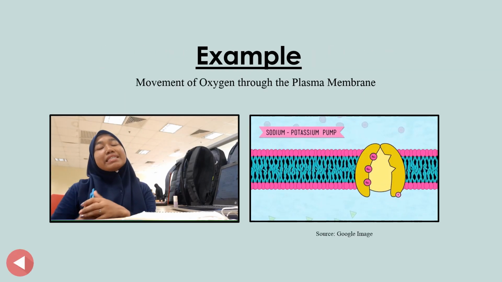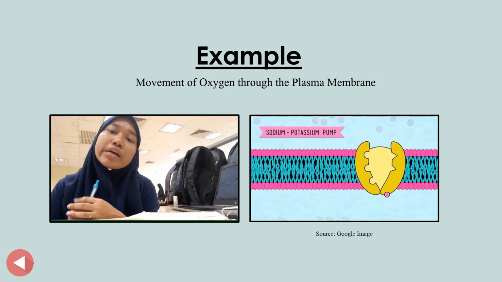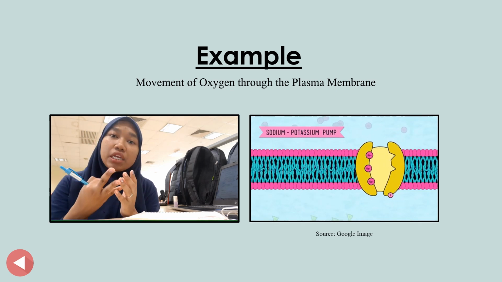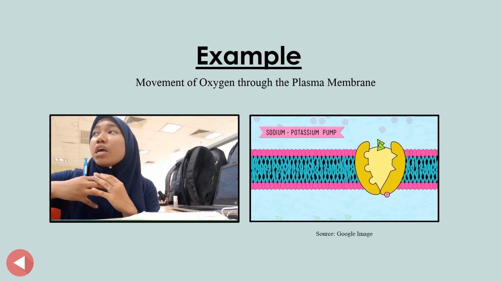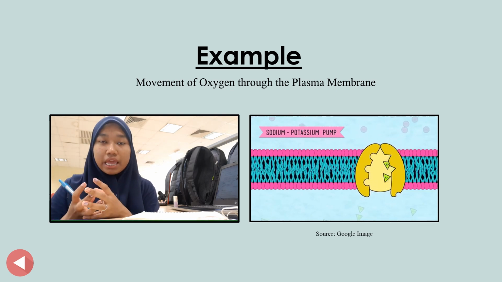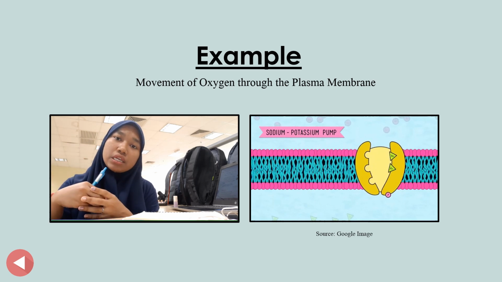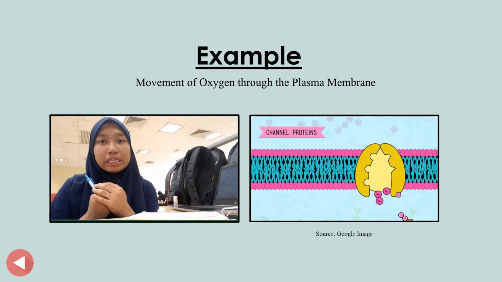Hi guys, for the single cycle of sodium potassium pump, 3 sodium will be forced out of the cell and 2 potassium will be imported into the cell through the channel protein.